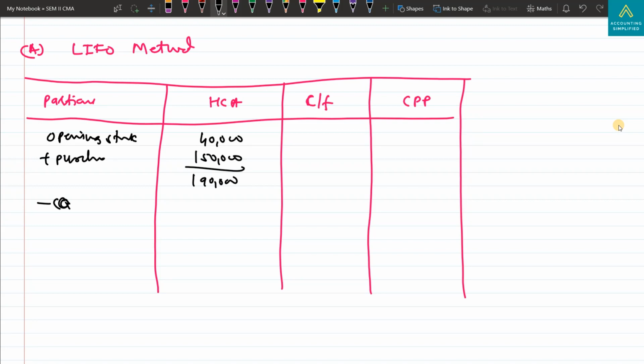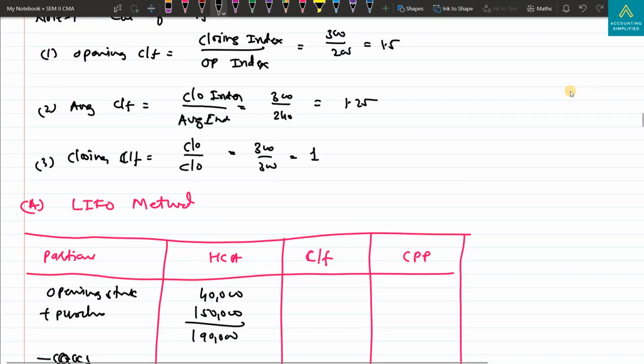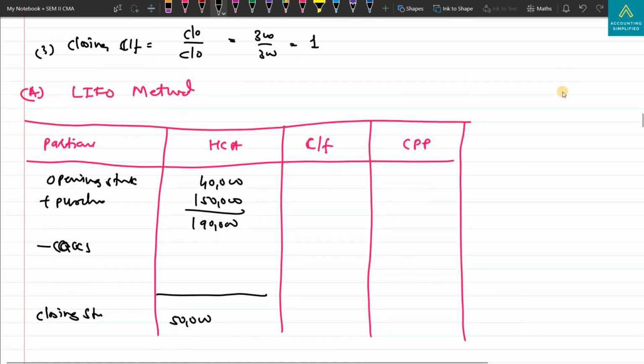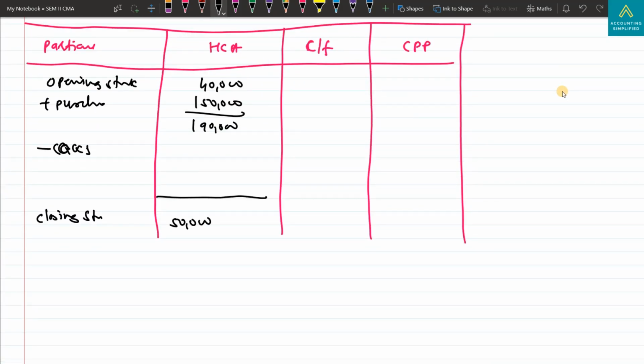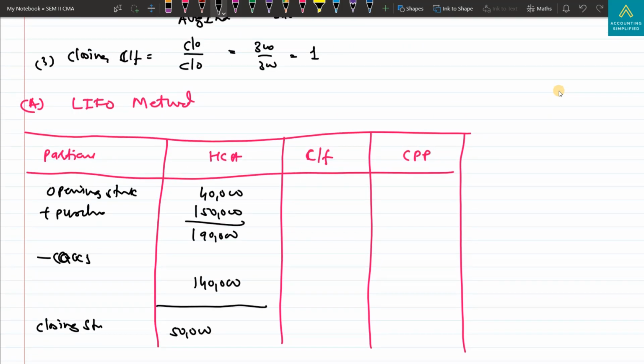COGS. I don't know COGS, but closing stock is given. Closing stock is 50,000 given. So this must be 1,40,000, the difference. So 190 minus 50,000, so 1,40,000. Now this 1,40,000 is out of what? Out of purchase or out of stock?